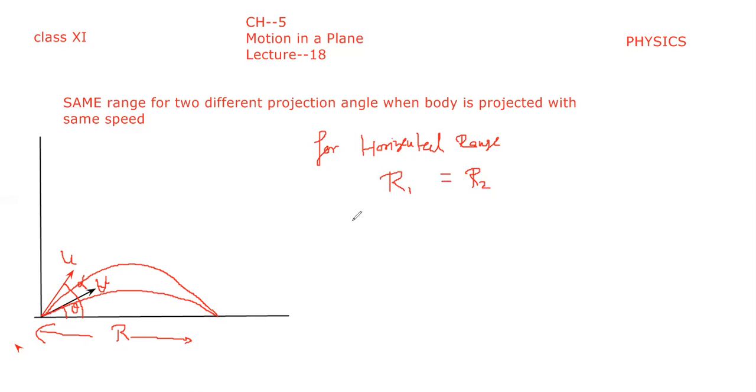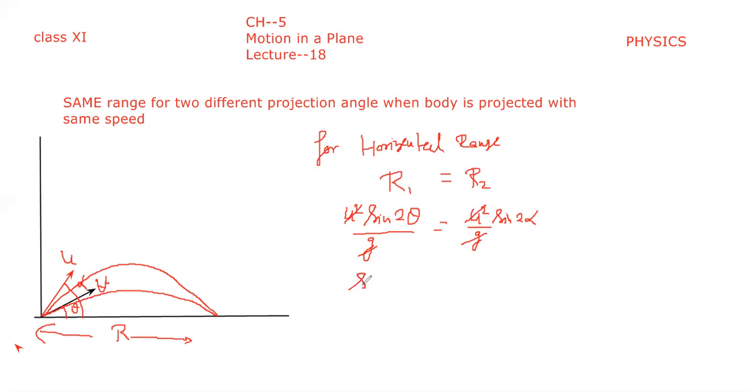What is the formula for R1? R1 is u square sine 2 theta upon g, and R2 is u square sine 2 alpha upon g. So g cancels g, u square cancels u square.